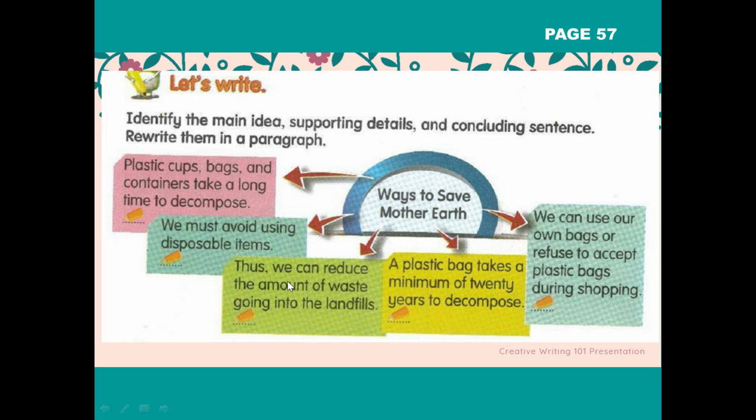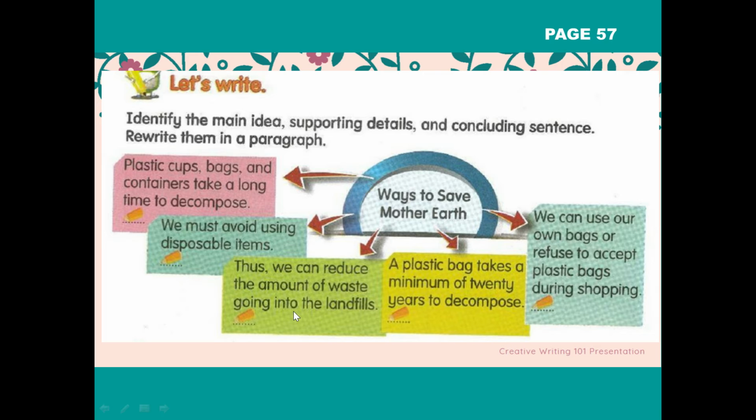It's easy to identify because you can see there is a discourse marker at the front. Thus, like I said earlier, thus, therefore, so, hence, all that can be used in writing a concluding sentence. Thus we can reduce the amount of waste going into the landfills.